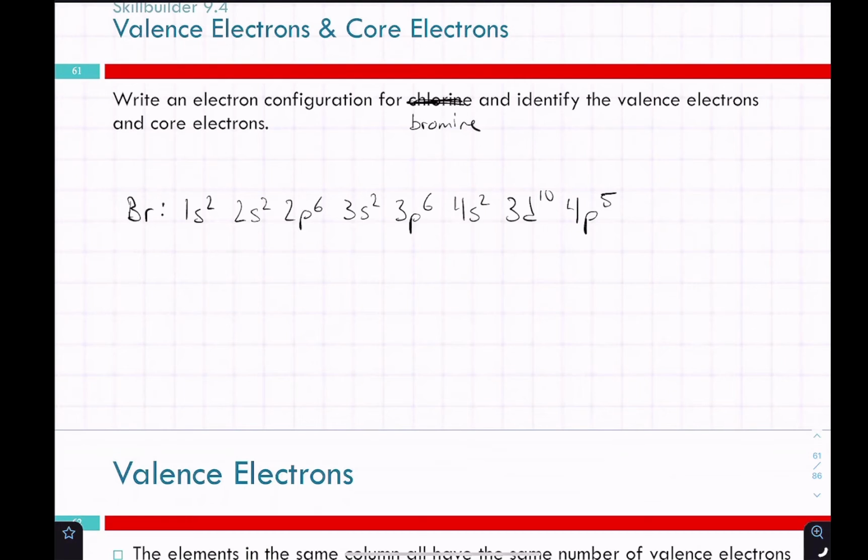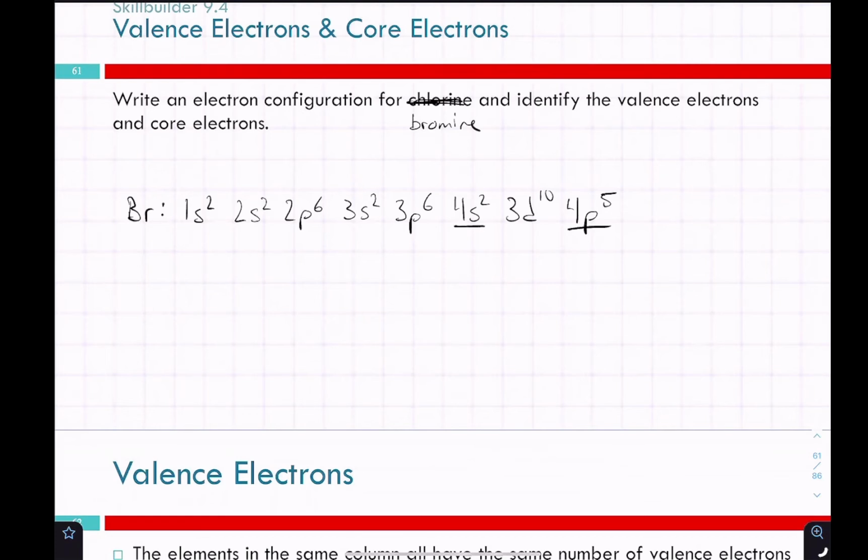Which of these are our valence electrons? Highest principal shells only: 4s and 4p, but not the 3d, because 3 is still smaller than 4, and it's in the previous principal quantum shell.